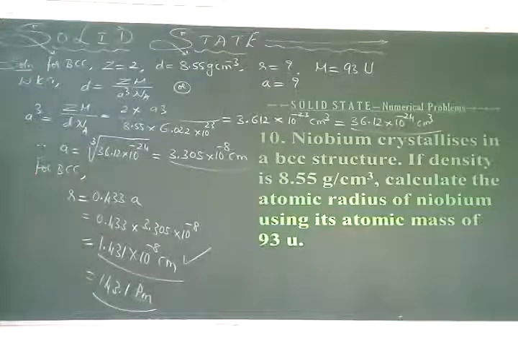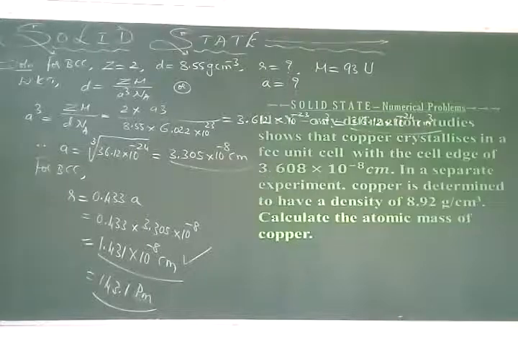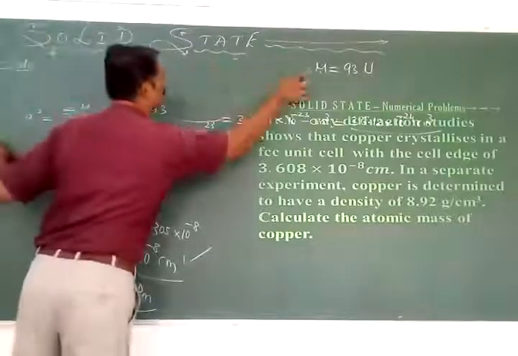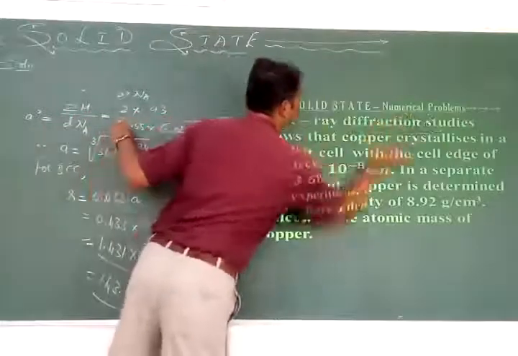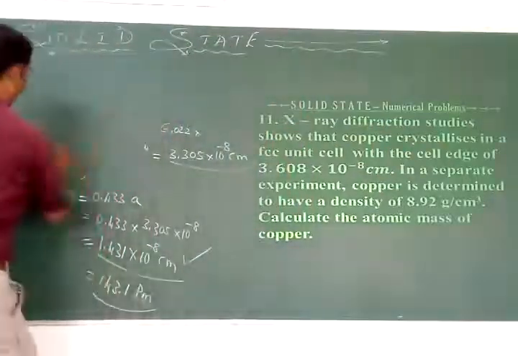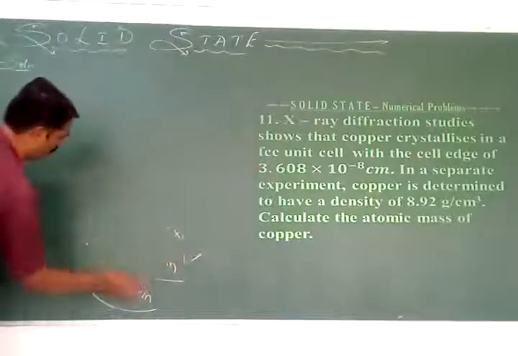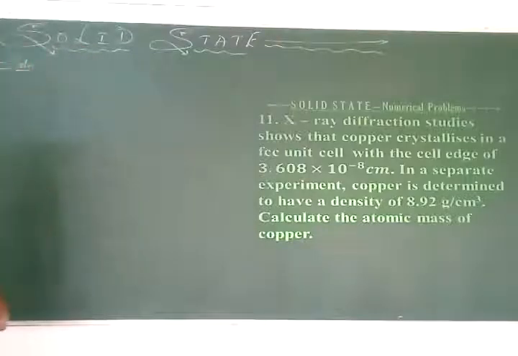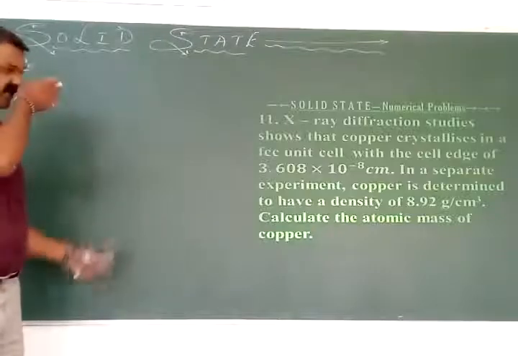Okay, let's have number 11 now. X-ray diffraction studies show that copper crystallizes in an FCC unit cell with a cell edge length of 3.608 into 10 to the power of minus 8 in terms of centimeter.